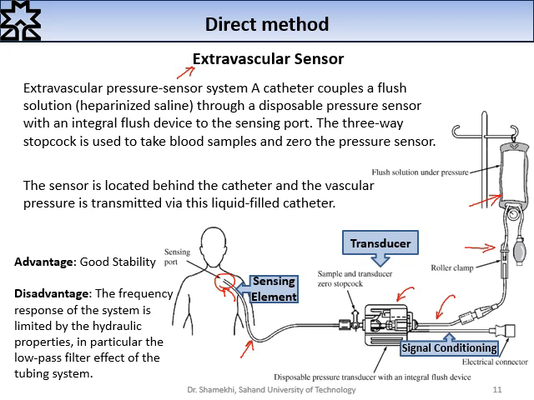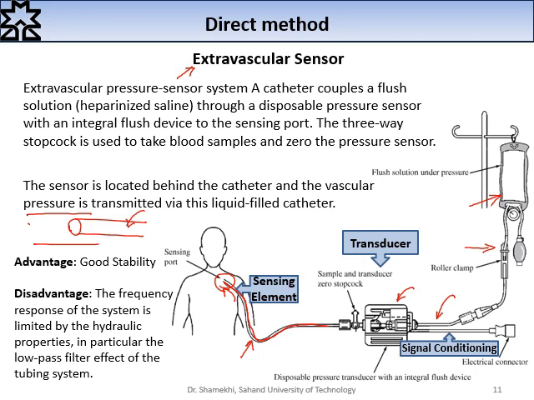Okay. The sensor is located behind the catheter, and the vascular pressure is transmitted via this liquid-filled catheter. This catheter is full of some liquid. This is the blood, and this is the catheter.